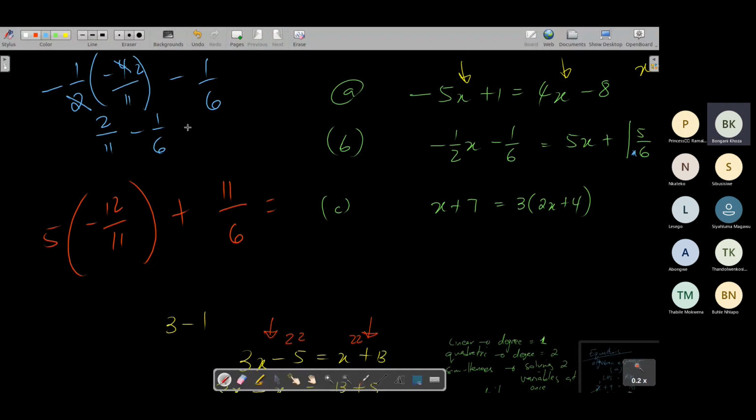Are you getting the same answers when you're plugging in negative 4 over 11 on this side and the other side? Are you getting the same answer? So this side I'm getting 1 over 66. Let's check the other one.